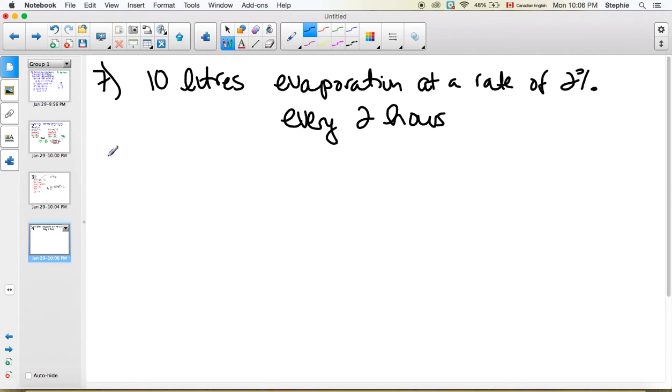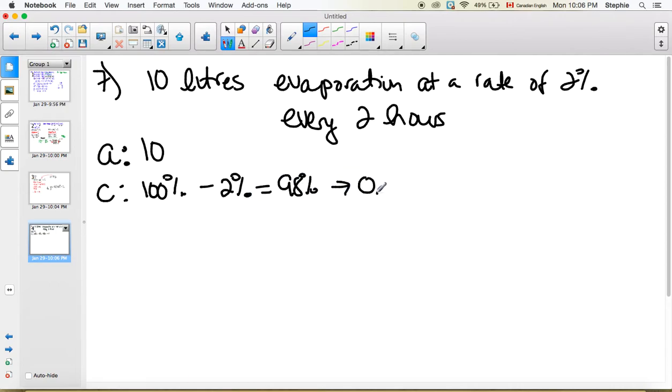Okay, so our initial value is our A, which is 10. Our multiplicative factor is going to be 100% minus the 2%. So you're going to have 98%, which of course you need to put into decimal form. And then your B is every 2 hours. Now, since our unit of time is hours, your B is going to be x over 2. So this is really important.